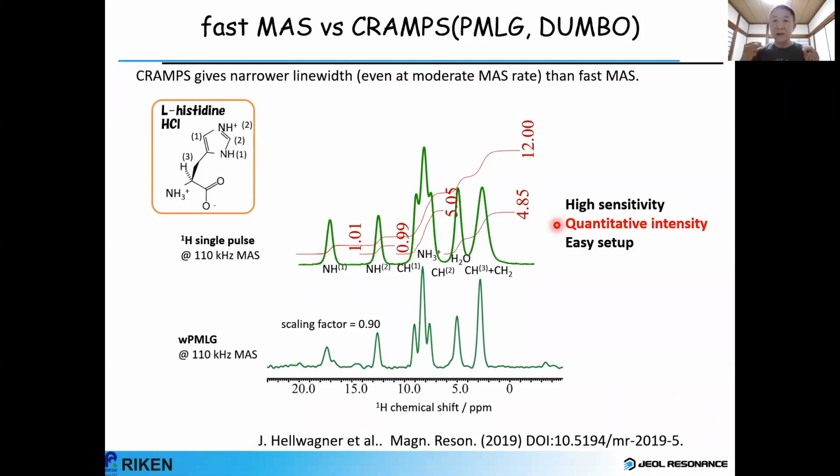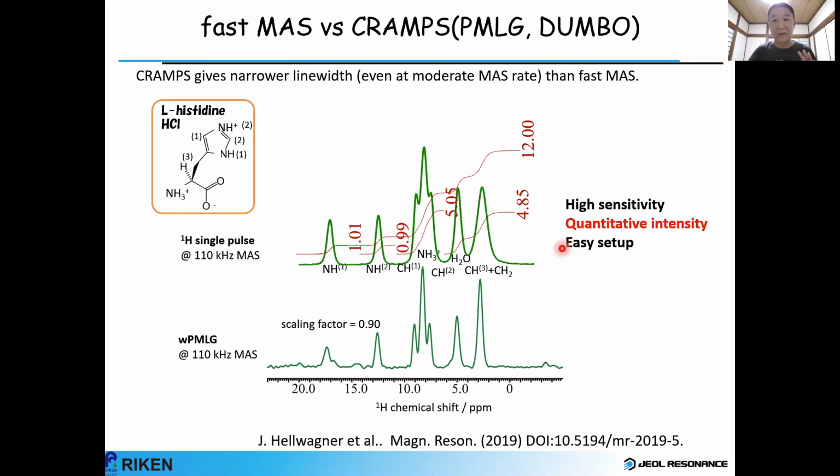I mean, we can count the number of protons by the single pulse experiment. This is quite useful for practical application. It is useful for the spectral assignment, and sometimes useful to understand the ratio of two different conformations. So this is only available for the fast MAS experiment.